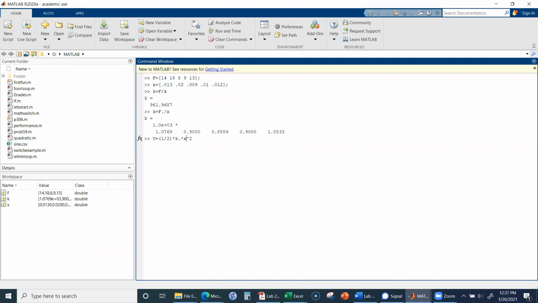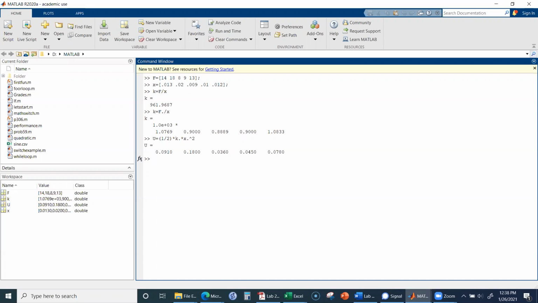Square will mean that we need to take the squares of the elements of x, so we will put dot, hat and the power sign over here. This will mean that we take the squares of the elements of the matrix, not the matrix multiplied by the same matrix. In this way, when I execute it, I will get the respective values of the energies, string energies, which is produced.